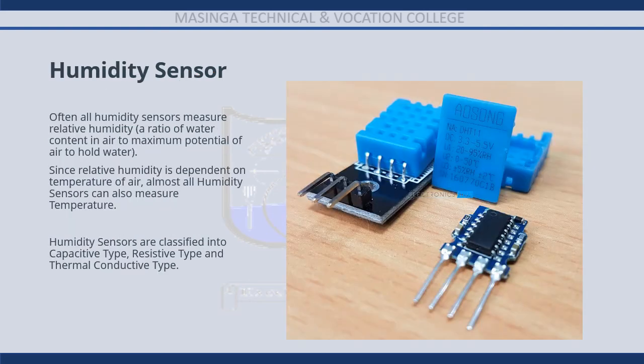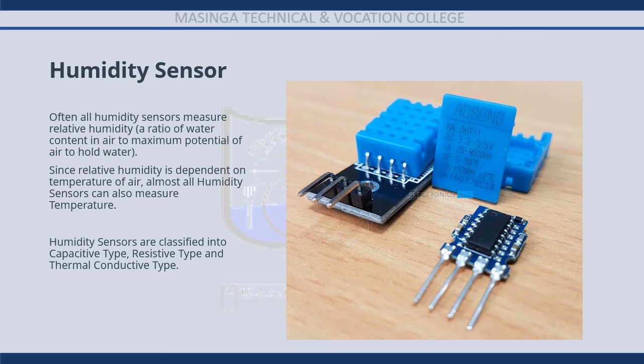The next sensor is a humidity sensor. The humidity sensor measures a value known as the relative humidity. Relative humidity is the ratio of water content in the air to the maximum potential of the air to hold water.